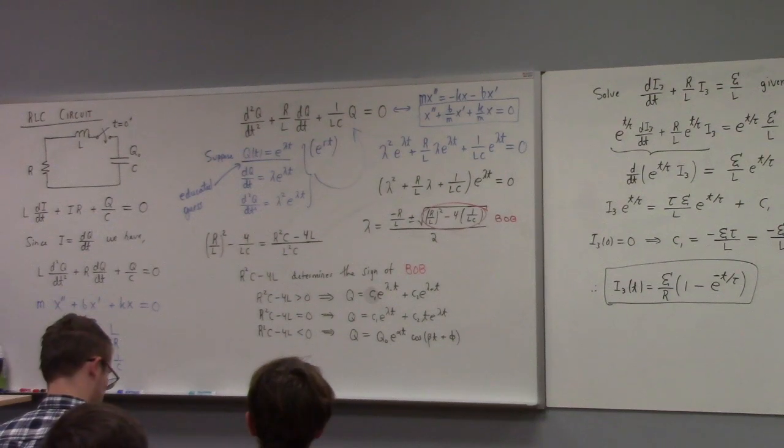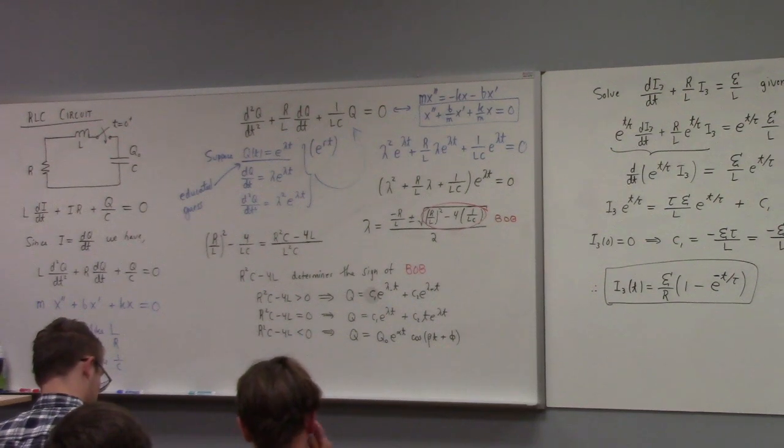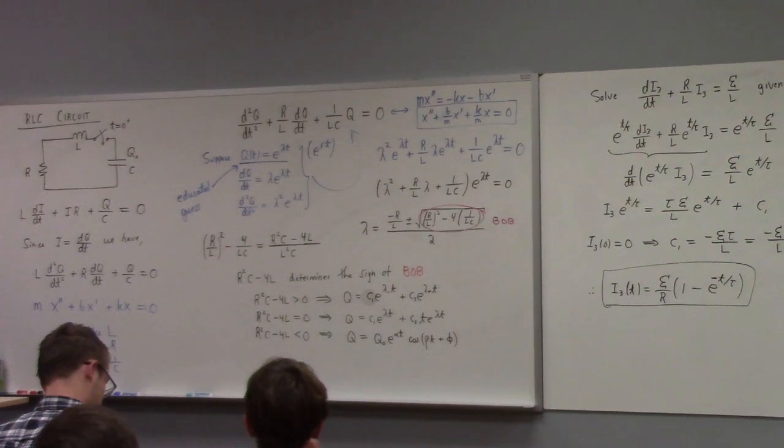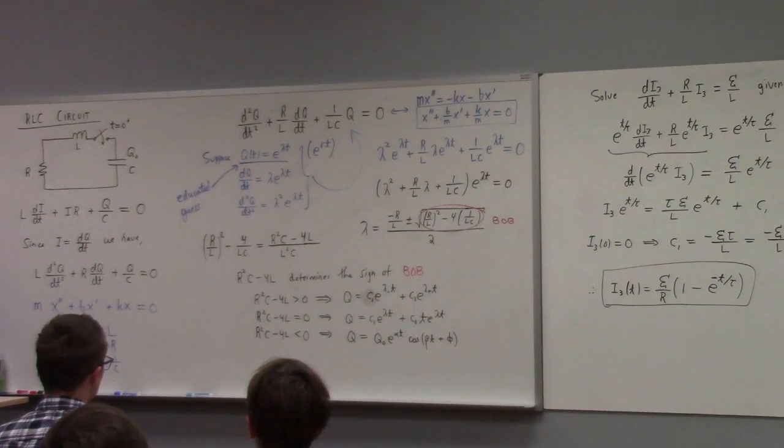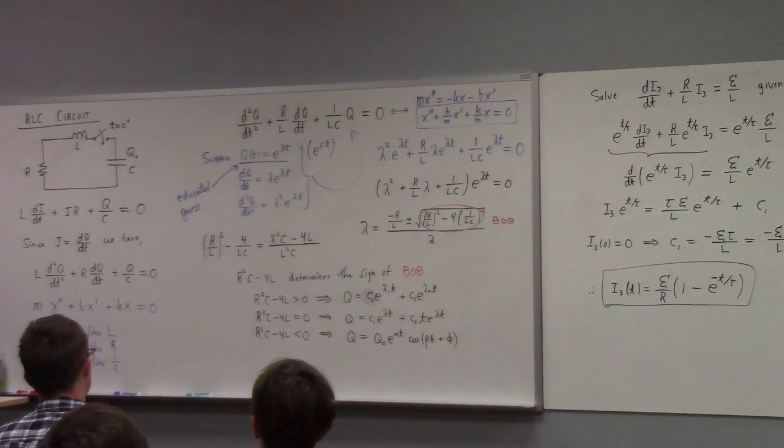Now here, we could study the energy stored in the capacitor at any time, right? What would that energy be? How would we find the energy in the capacitor at any time in this problem? Q squared over 2C would be the energy stored in the capacitor, right?